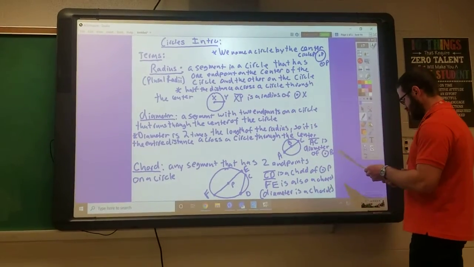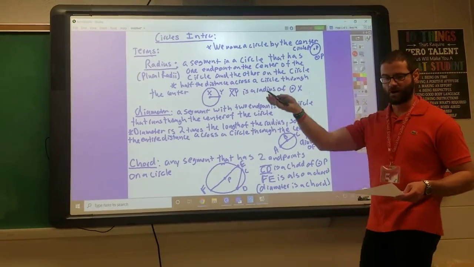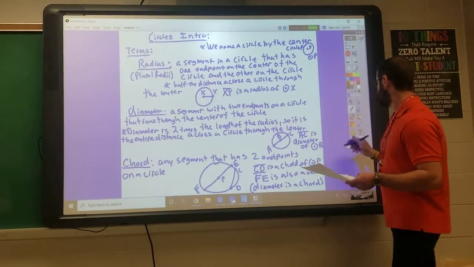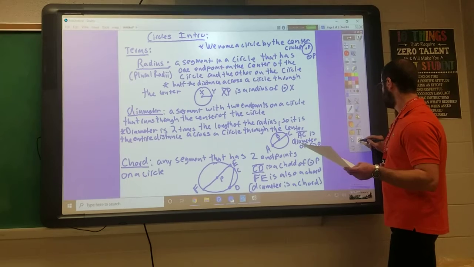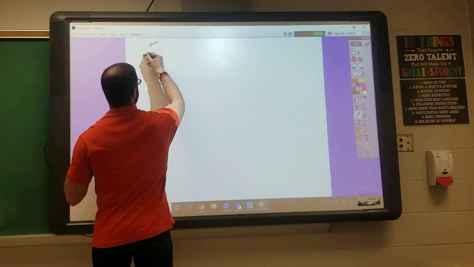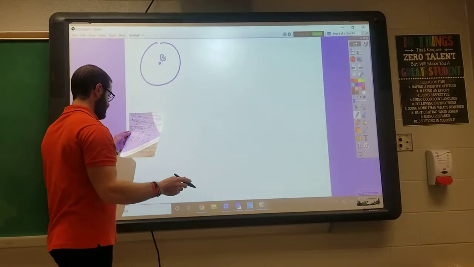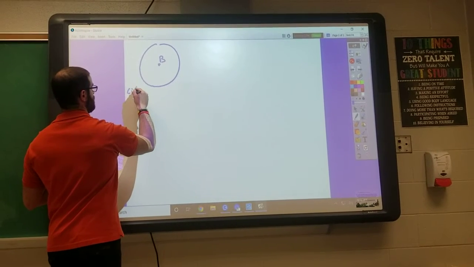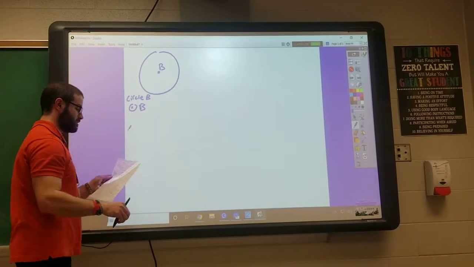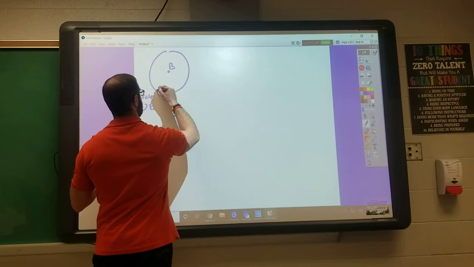So let's look at an example. This will be like one of the 4-part problems on your assignment. You'll have a few problems like this. Let's say I have a circle and the center point is B, so I have circle B. Let's go ahead and draw some segments.